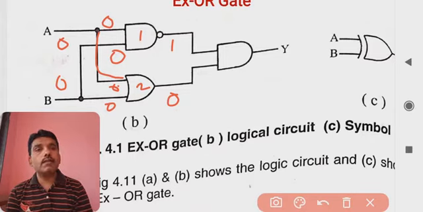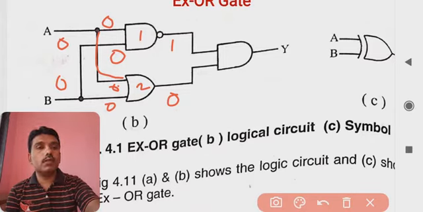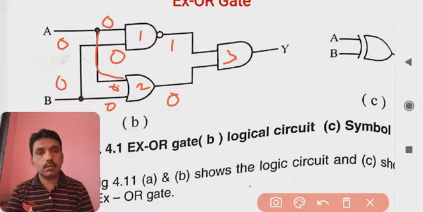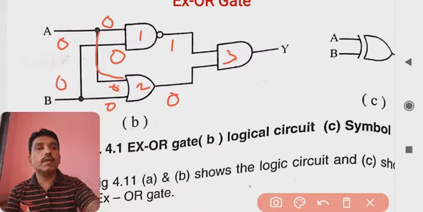The output of the first NAND gate and the output of the second OR gate are given to the third gate, the AND gate. For the AND gate, the input is 1 0, but the AND gate has the logic that only when all the inputs are high is the output high, otherwise it is 0.